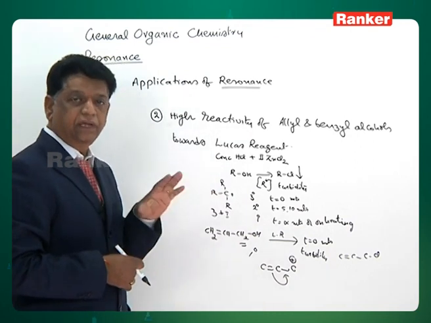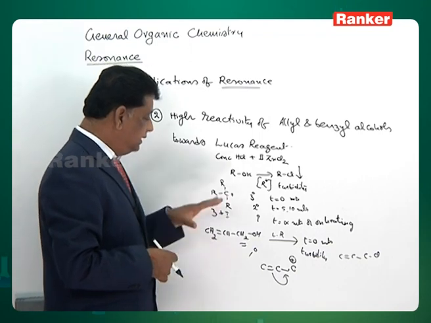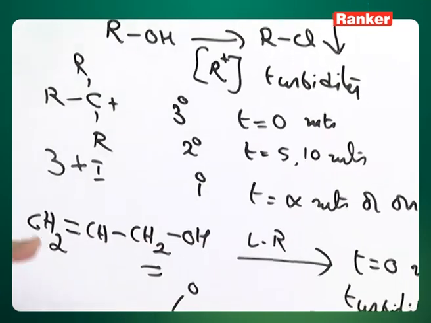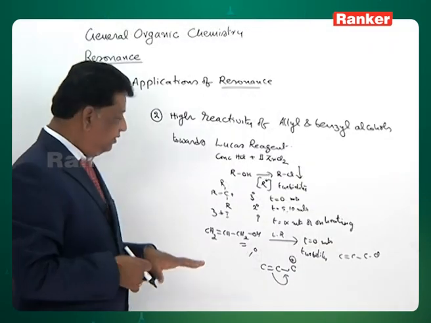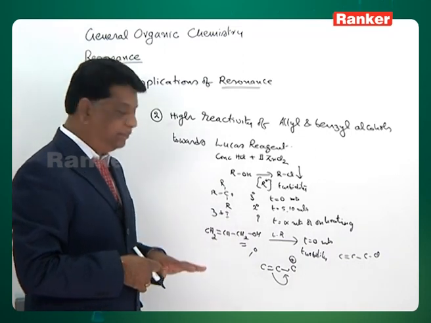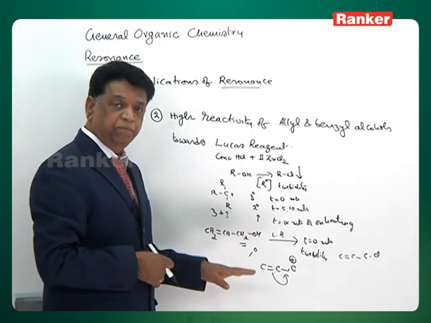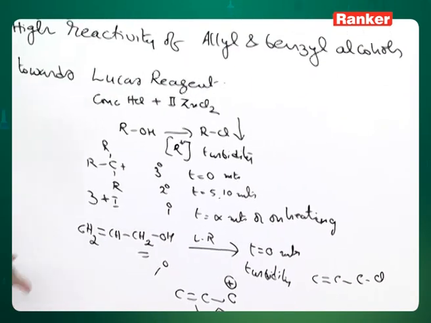That means he is emphasizing the speciality of allyl alcohol. You cannot say that primary undergoes a faster reaction. You have to accept that primary gives a slow reaction, and then give some other explanation apart from primary.